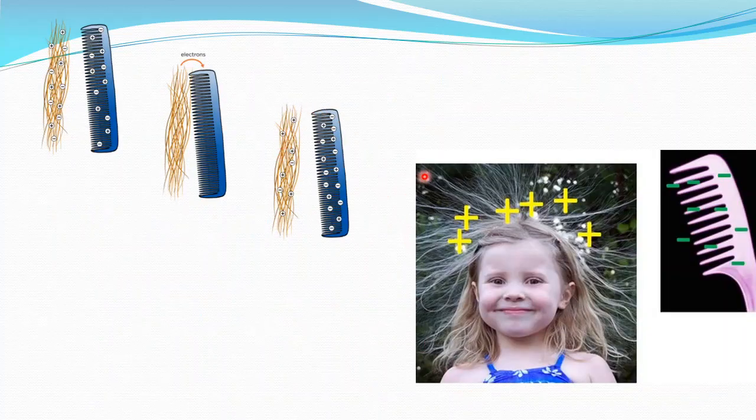Now, to review the example that we talked about earlier: when you comb your hair, electrons are transferred between the hair and the comb. Electrons are transferred from the hair to the comb, which leaves the hair positively charged, meaning it has more protons.